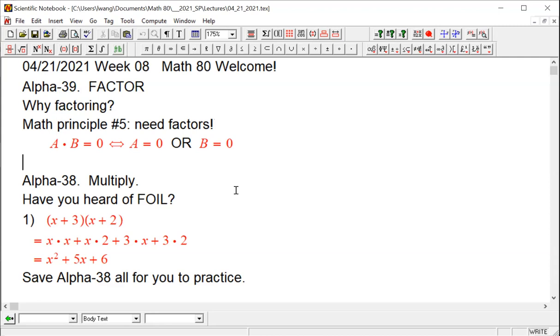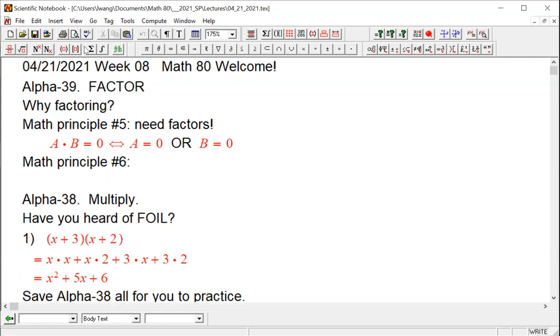What other principle do we need? Math principle number 6. We also need factoring. Recall what we did for alpha 32, isn't it? When we solve inequalities, right?